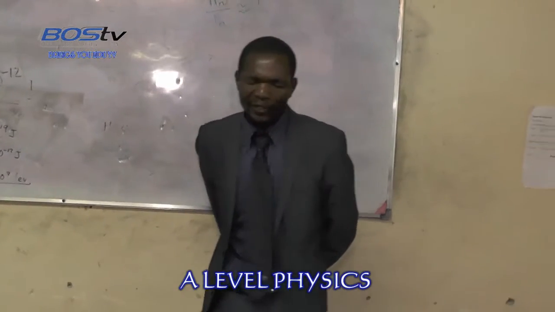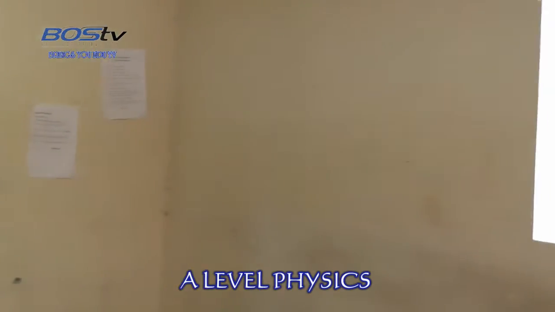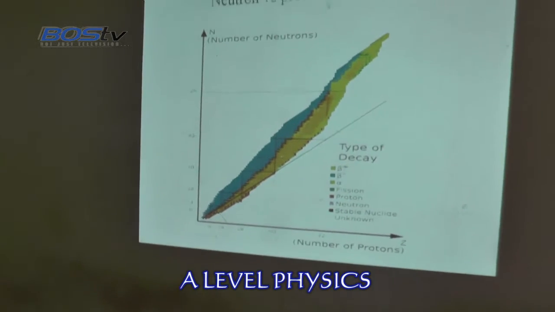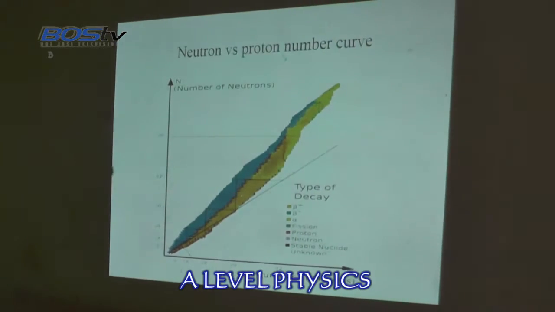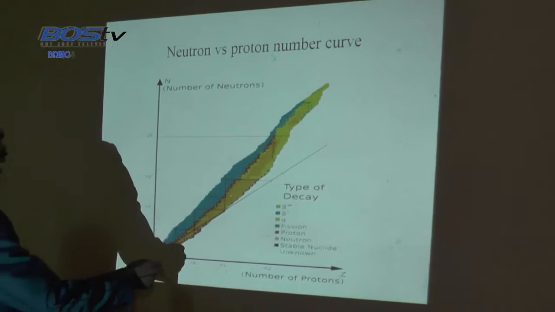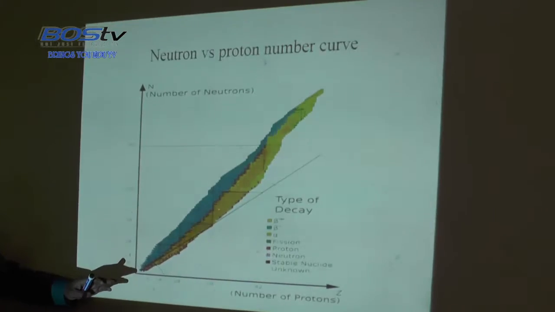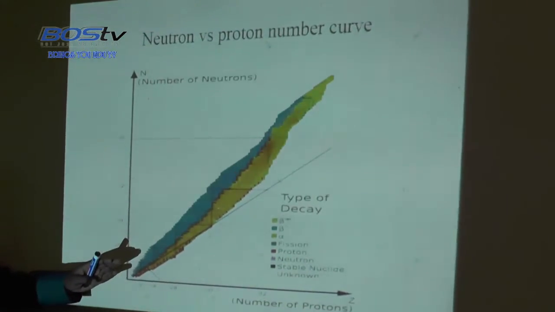Right, that graph is showing us some isotopes and their stability. You realize that this line is the line which represents the most stable what? Nucleus out here.